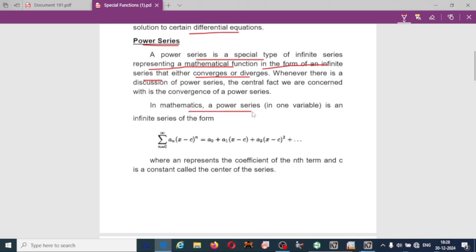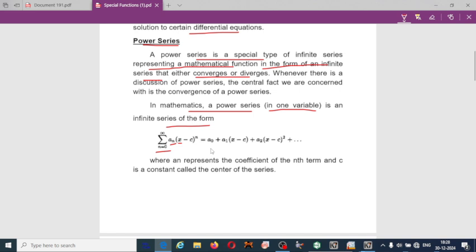In mathematics, a power series in one variable can be written as the sum from n equal to 0 to infinity of a_n (x minus c) to the power n, where x is the variable and c is the constant.